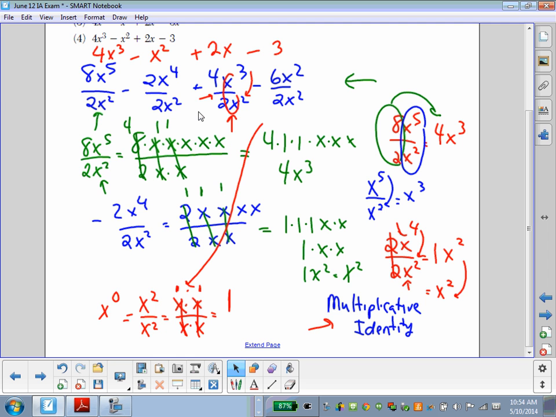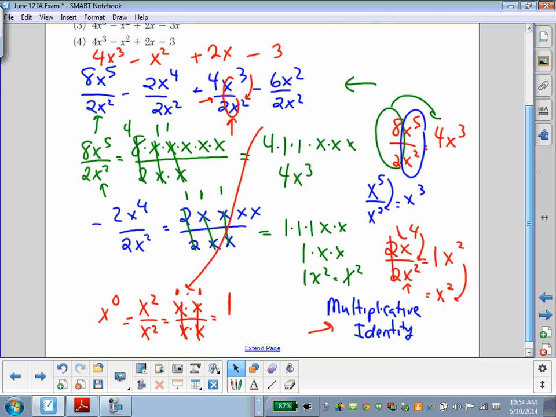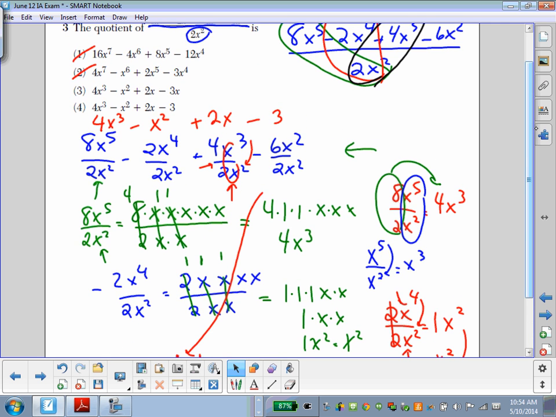Now if we go up here, we have two options, 4x to the third minus x squared plus 2x minus 3. And so number 4 looks like our proper answer.